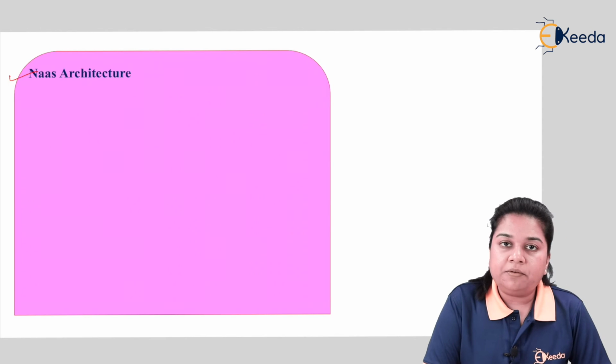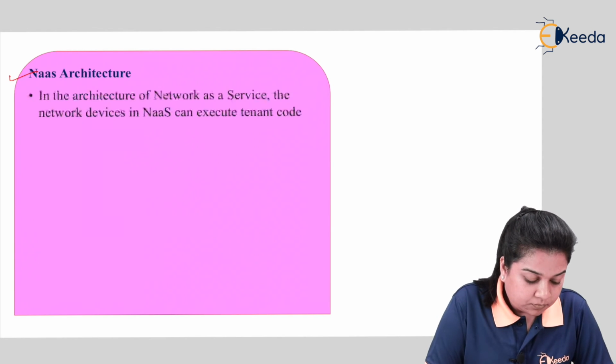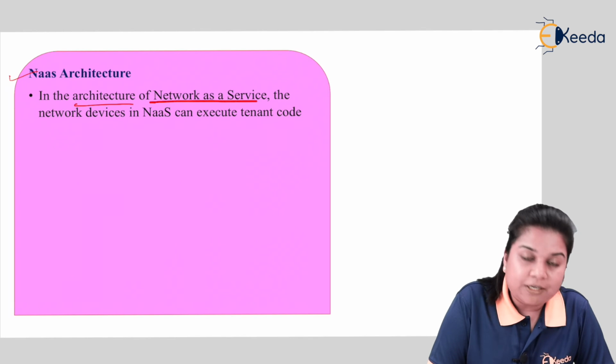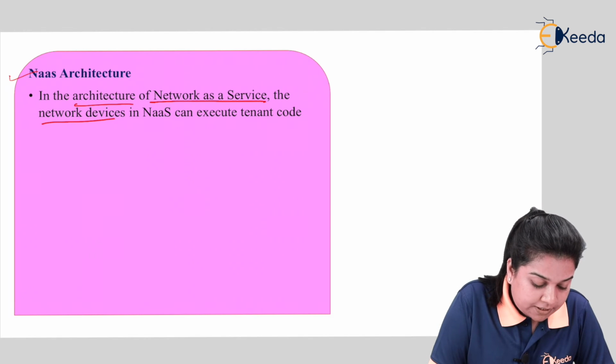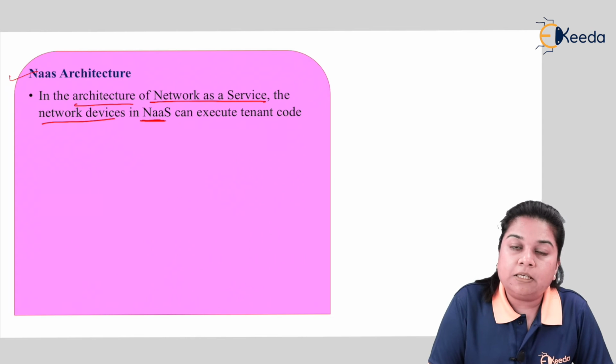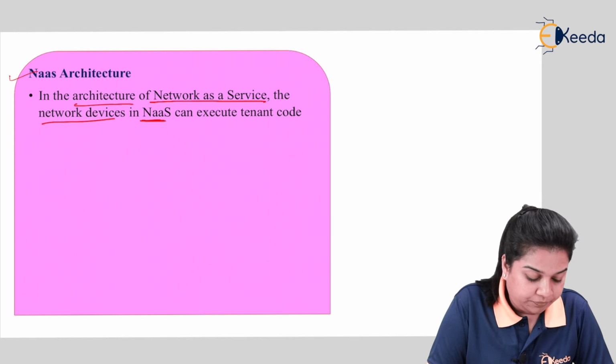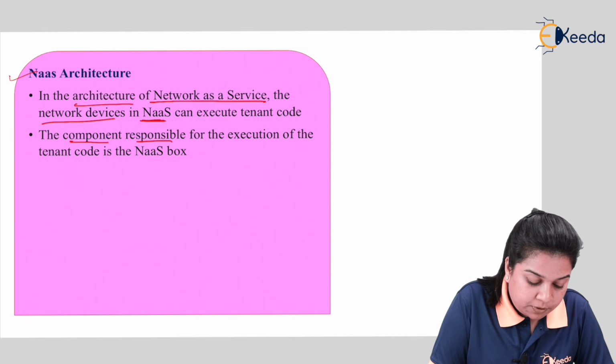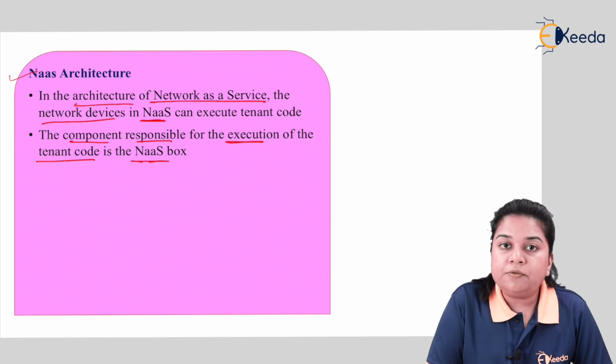Then network as a service architecture. In the architecture of network as a service, the network devices in network as a service can execute the tenant code. The component responsible for the execution of the tenant code is the network as a service box.